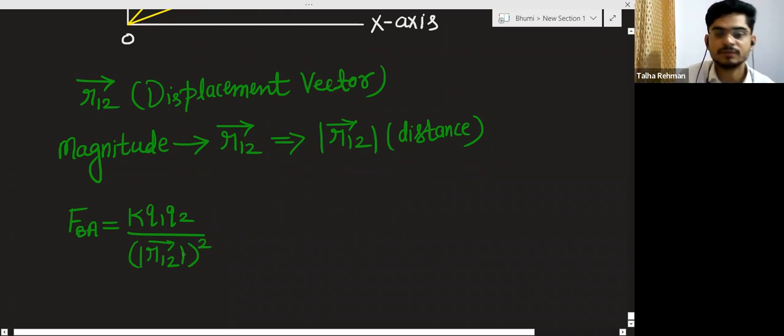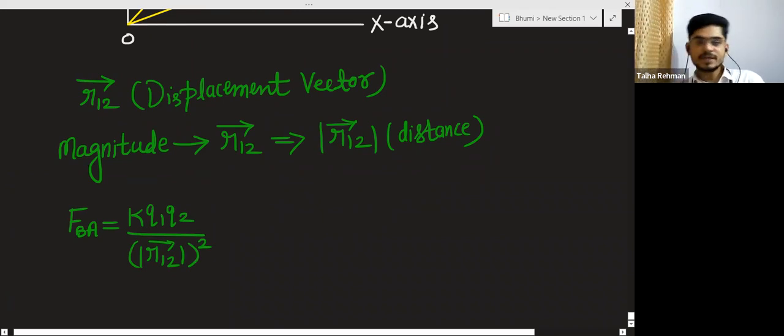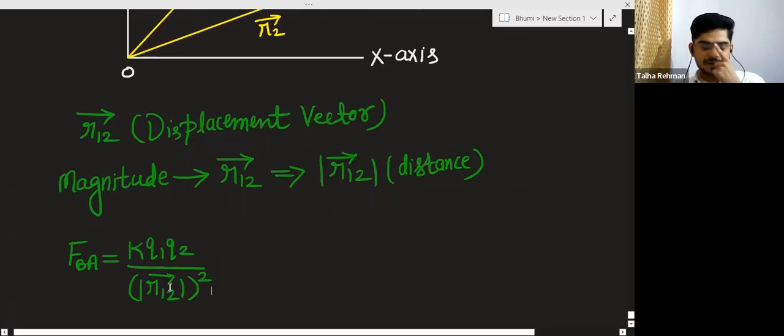Is it fine? I have done nothing; I have just applied the formula k q1 q2 divided by the distance squared. This time the distance is written in this form.